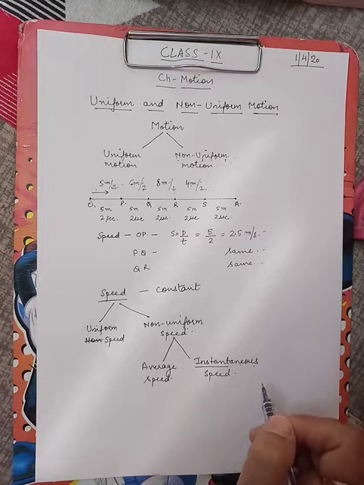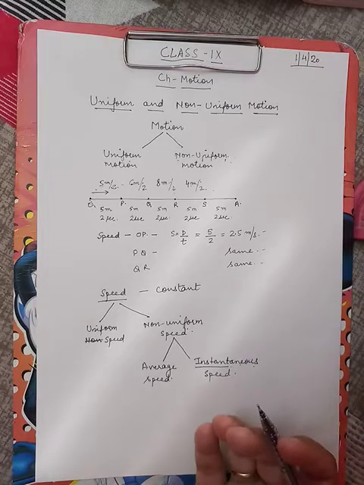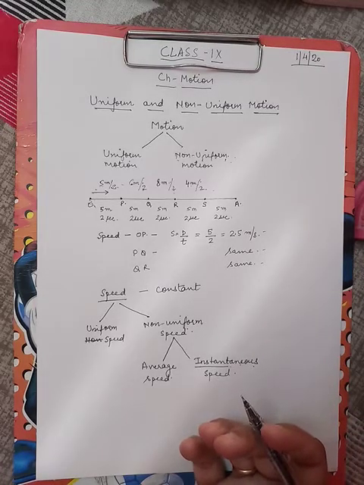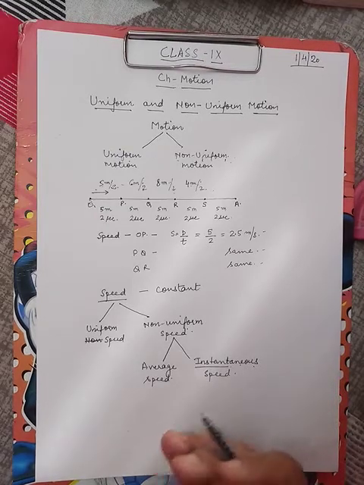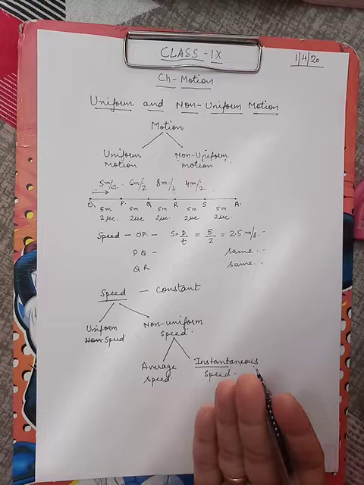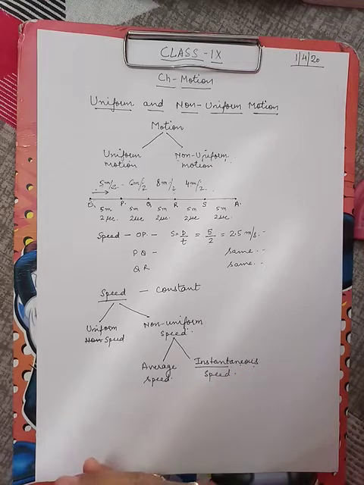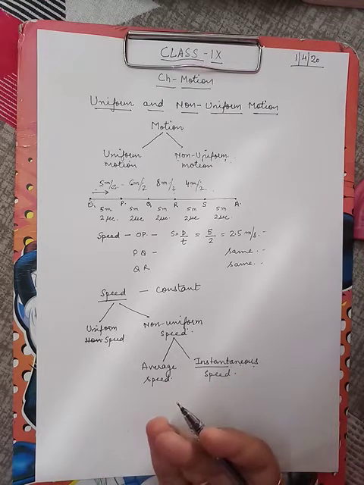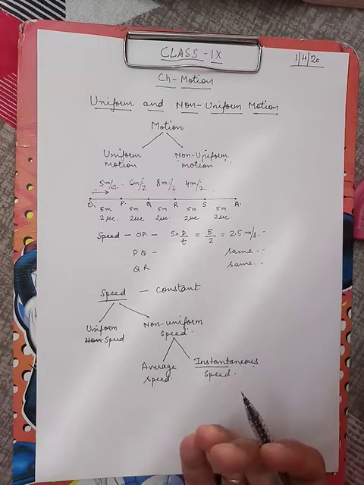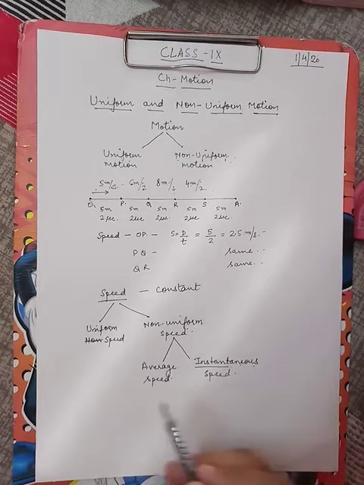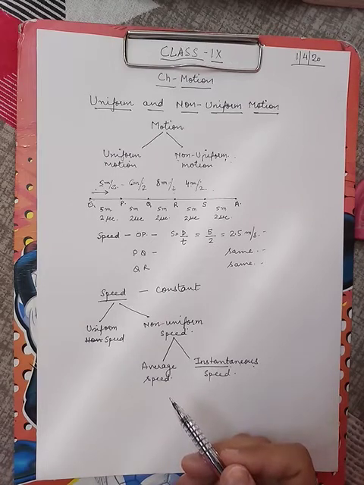So instantaneous speed is the speed shown by the speedometer in the car at a particular instant. If we slow down our car, its needle comes down, and it must be showing some 50 or 55, whatever it is, right? So this kind of speed is known as instantaneous speed, right?